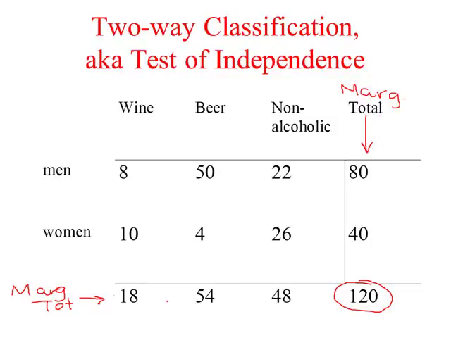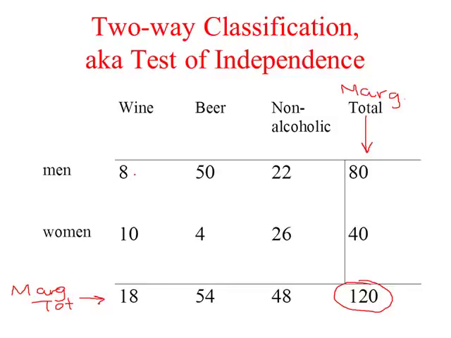And these numbers are going to be important for us to figure out what the expected values based on the null hypothesis are for each of our 6 cells. So again, we're going to test it similarly to the one-way one, in that we want to see how our numbers match up with the expected numbers if the null hypothesis was true.